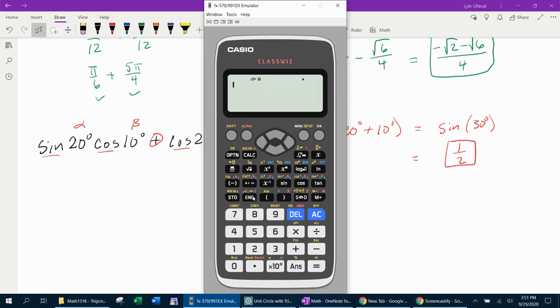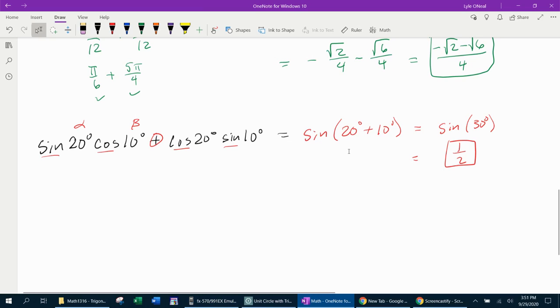And you can even put in the original problem if you want to. Sine of 20 cosine of 10 plus cosine of 20 sine of 10. Half. All right, so there's multiple ways to get that problem. Of course, the calculator is very efficient, but if you need to show the work, they're showing the work using the sum and difference formula.